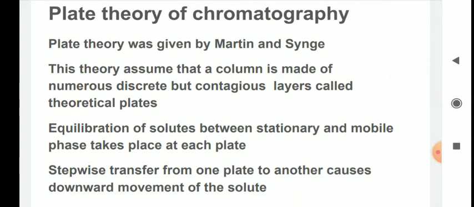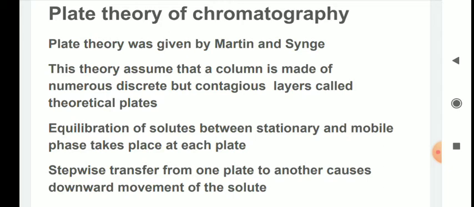Now in this theory they assume that the column is made up of numerous discrete but contiguous or continuous layers called theoretical plates. It means that the column is supposed to be made up of a number of plates where the solutes or the sample components will equilibrate between the stationary and the mobile phase.